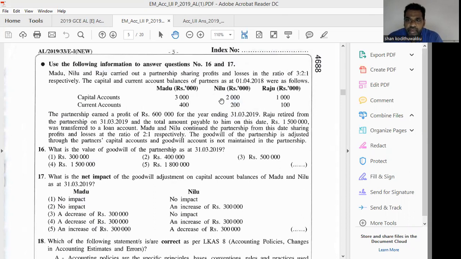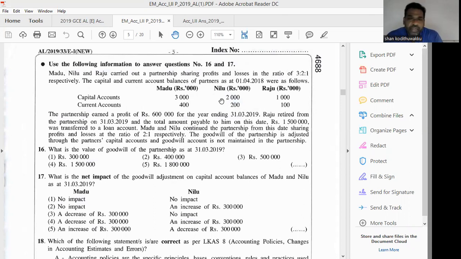If I repeat the same thing again, if you are asked to adjust goodwill through the partners' capital accounts, we have to credit all partners' capital accounts depending on the old profit sharing ratio, and we have to debit the new partners' capital accounts depending on the new profit sharing ratio.